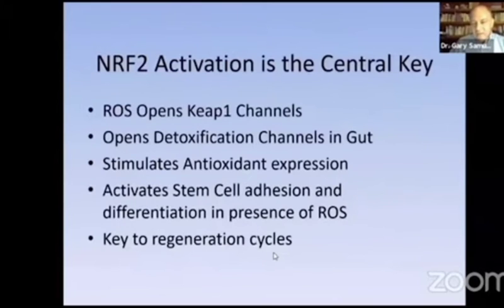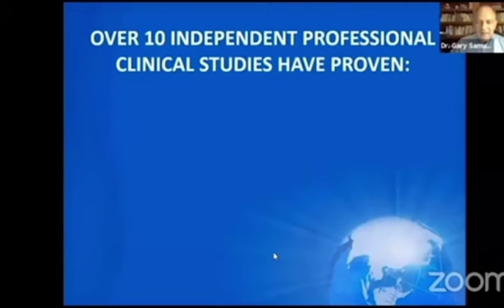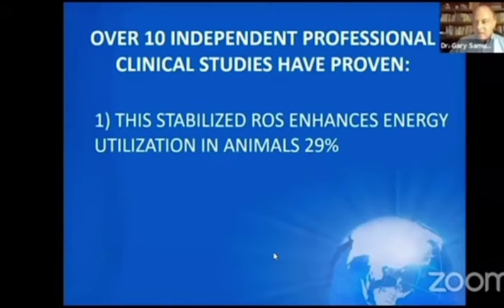It opens these Keap1 channels, which are also part of the genetic pathways that we have studied. It opens detoxification channels in the gut, stimulates antioxidant production, and it's key to regeneration cycles of the cell. So we found that this is almost a universal heal-it thing.